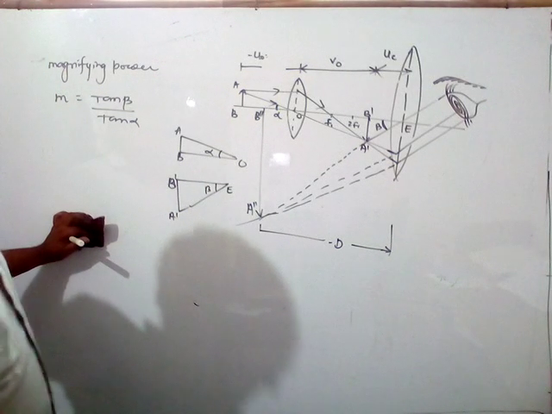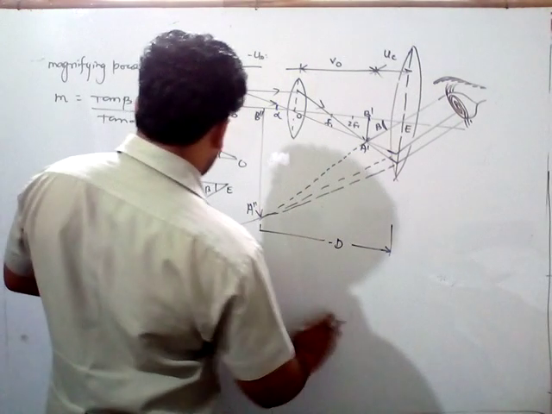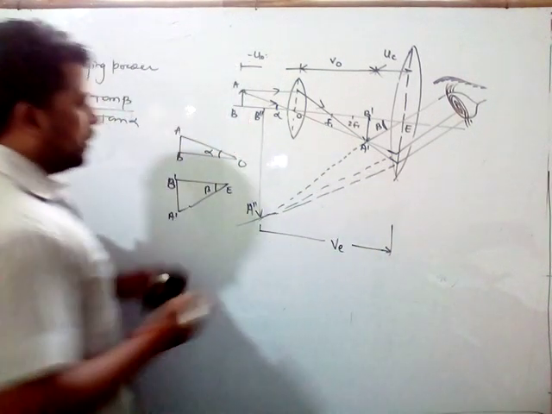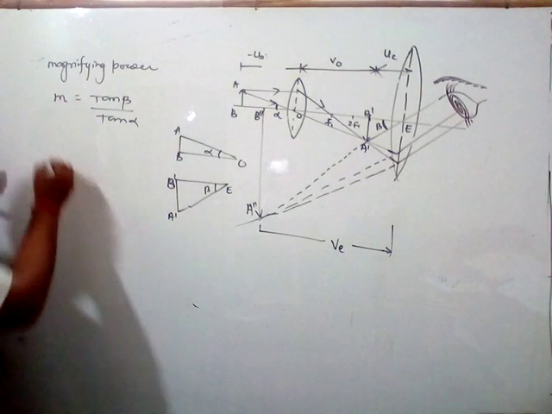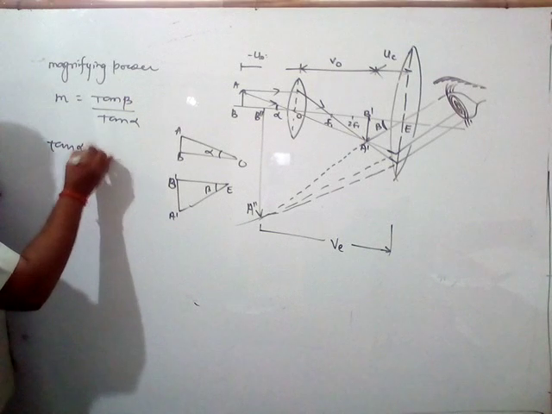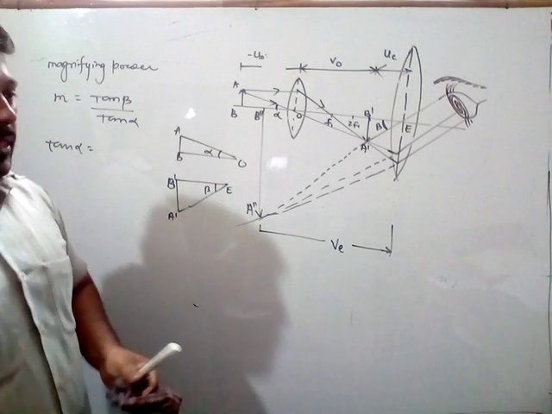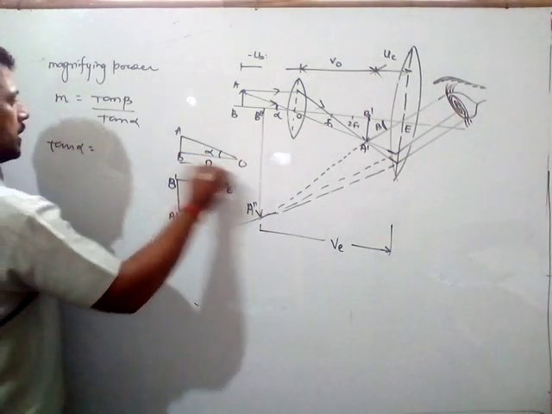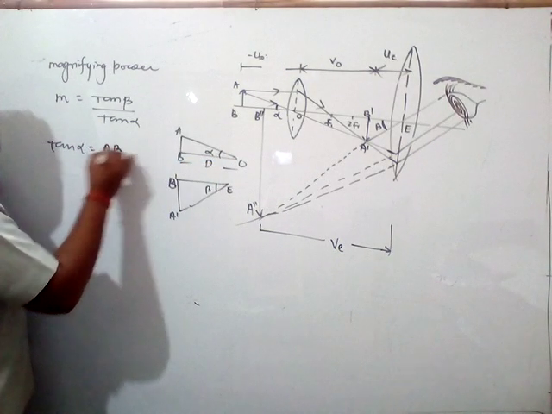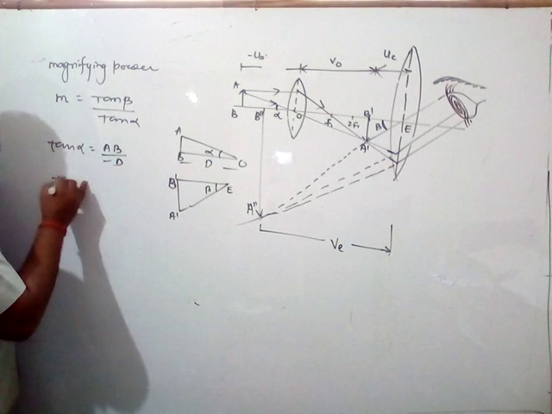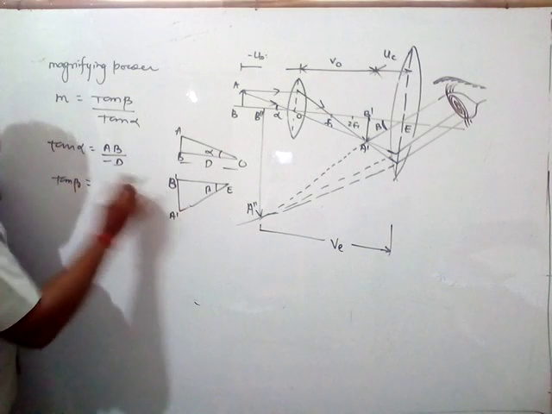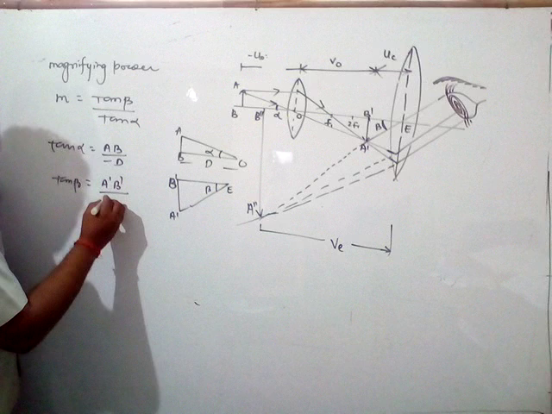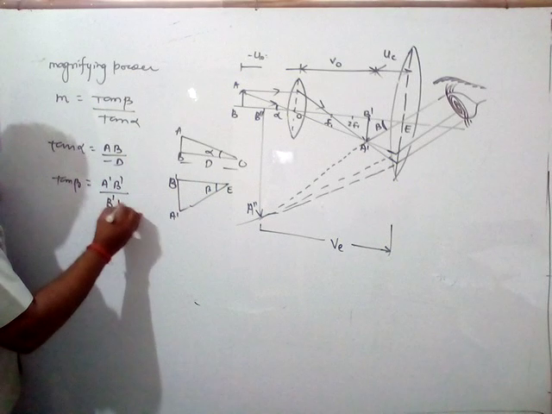Okay, and first of all we can say that its image is formed at length VE. So here tan alpha is equal to perpendicular by base. You can write this as AB upon UE, the least distance, AB upon minus UE, and tan beta is equal to A'B' upon B'E.